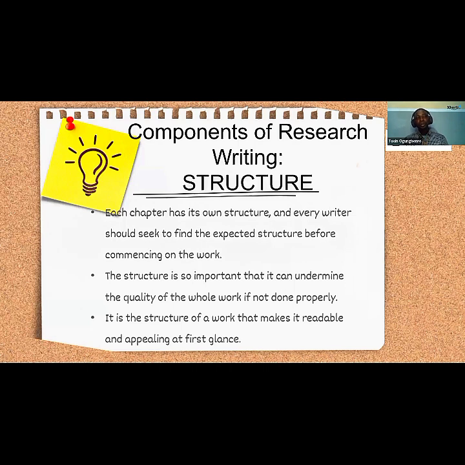Once the structure is off, you get what I'm saying?